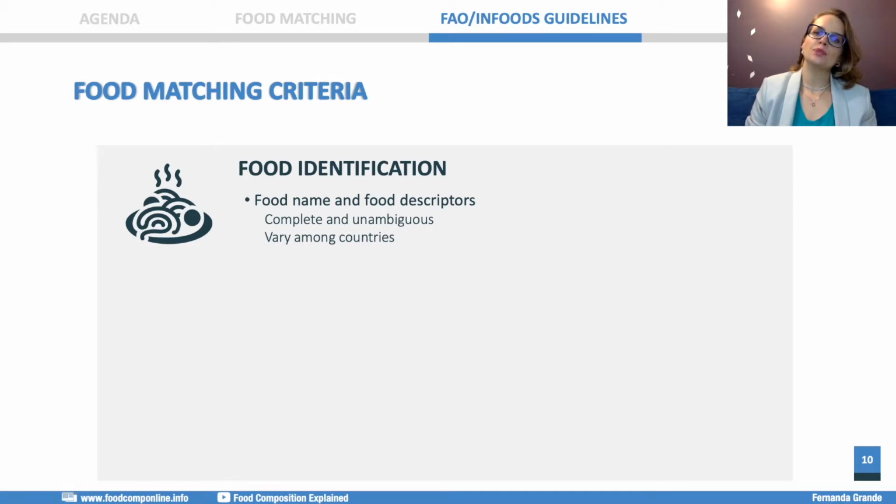Ideally, they should be complete and unambiguous in both data sets. To allow for a high quality food matching, it is important to consider that food names vary among countries, and some examples are groundnuts and peanuts, maize and corn, rocket and arugula, and they refer to the same food. So it's important to consider these differences when compiling data, especially if we are using food composition tables from different countries.